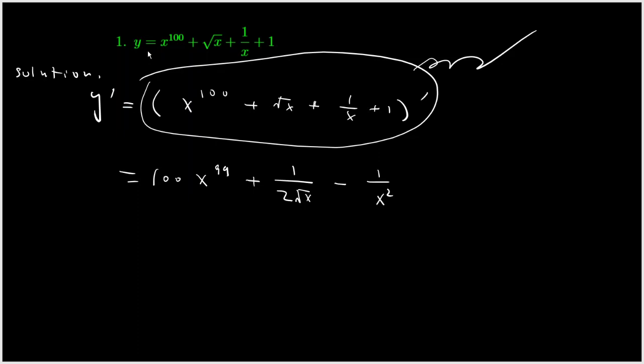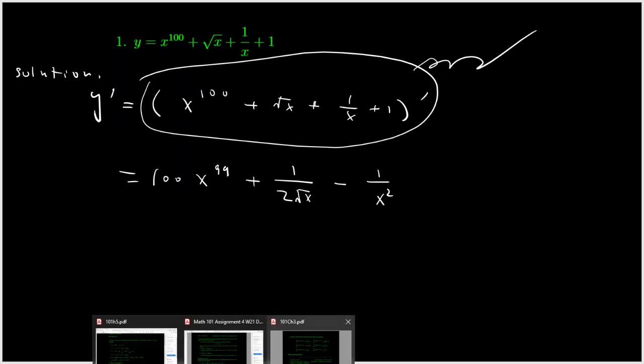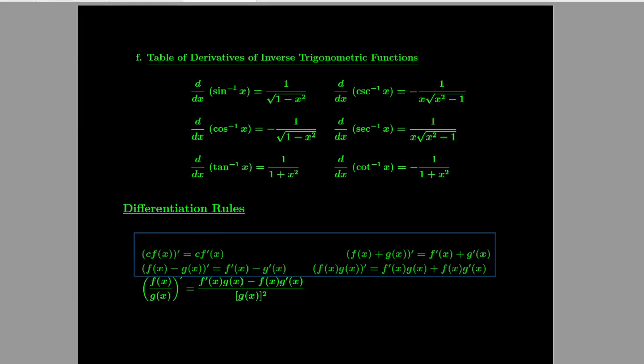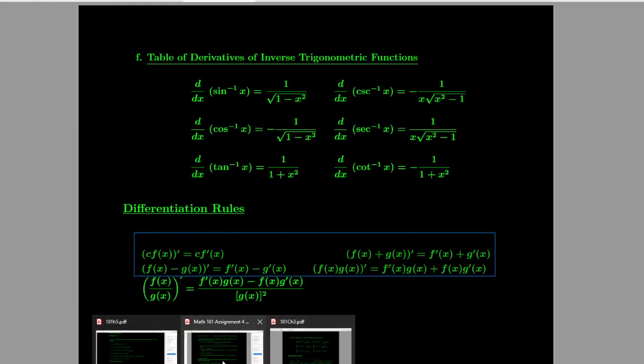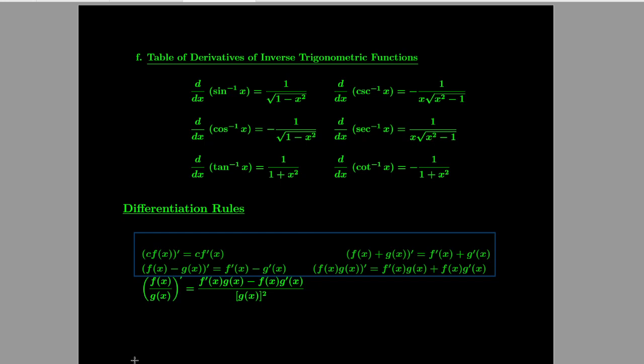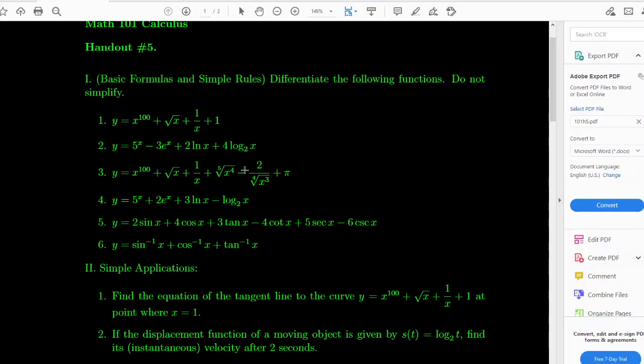The derivative of the constant 1 is equal to 0. You do not have to write the 0 term. So that's the final answer. Simple enough. I told you we'll do one more question before we take a little break.